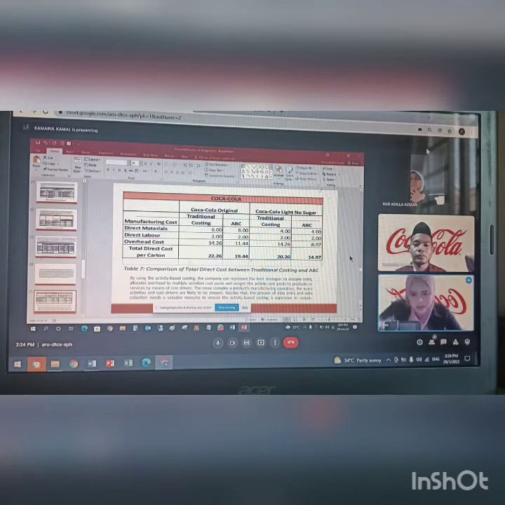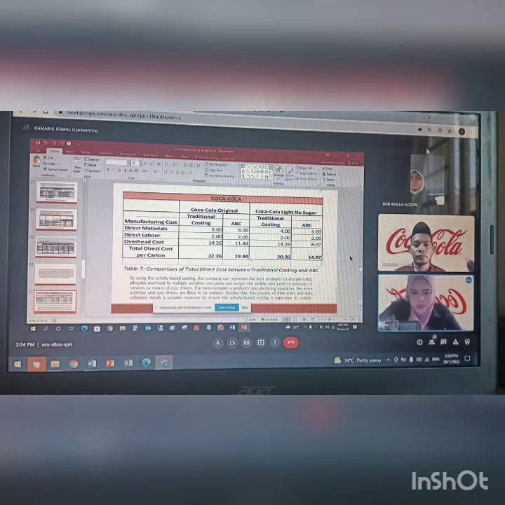So from this analysis, we can summarize that the total direct cost per carton is overstated for traditional costing compared to ABC for Coca-Cola Original, and for Coca-Cola Light No Sugar traditional costing is also overstated compared to ABC costing.